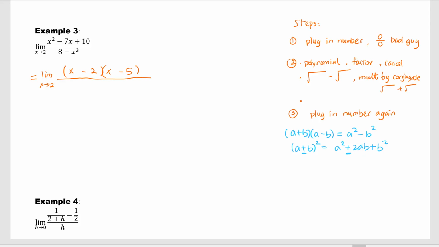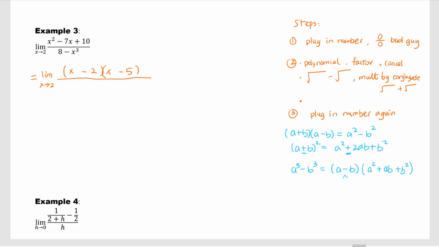Okay, and then next, we have a cubed minus b cubed. How do we factor it? This actually equals a minus b, times a squared plus ab plus b squared. So if this one is minus, then this one is minus, and this one, you flip the sign, it becomes positive. And then you have ab, so not 2ab, just ab, plus b squared.